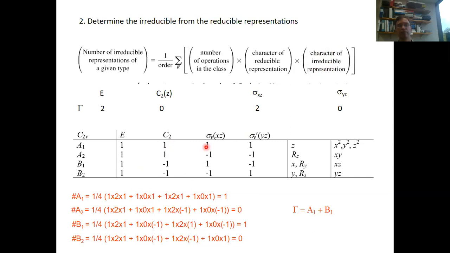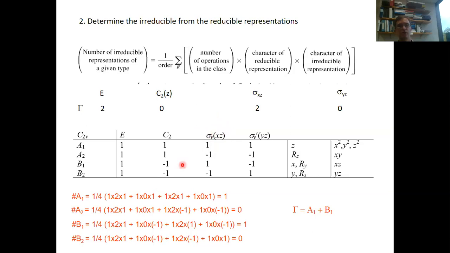All right, next we have to look at the mirror planes. Okay, for sigma v in the xz plane, what is the number of symmetry operations in the class? We have only one symmetry operation here. Okay, only one reflection operation associated with that mirror plane. Reflecting more often would just produce the identity.